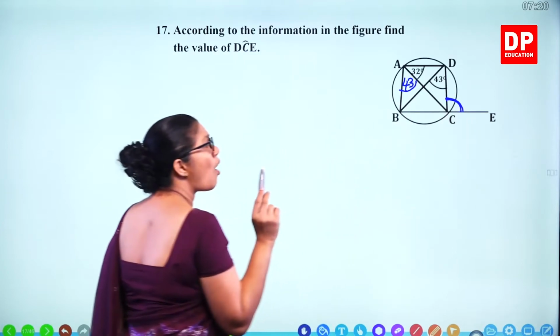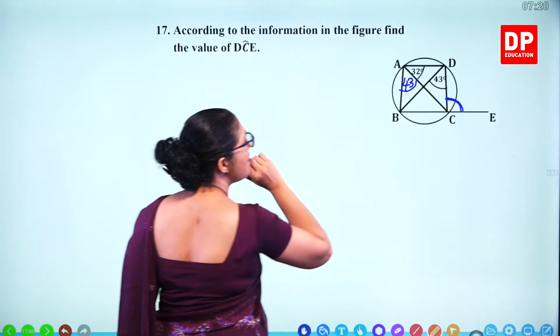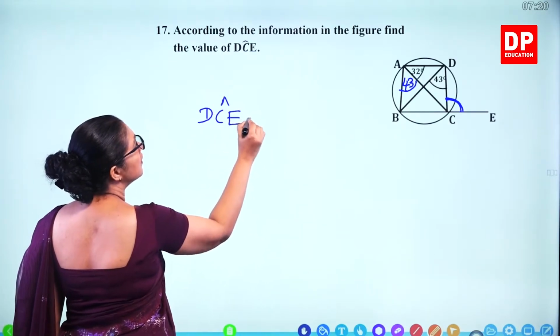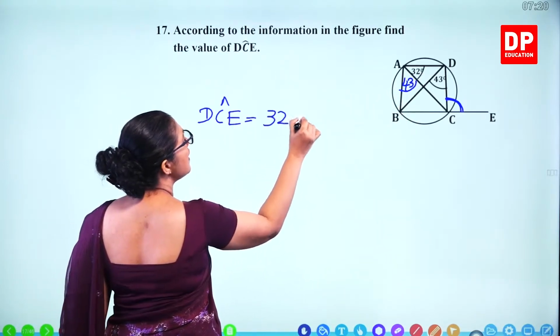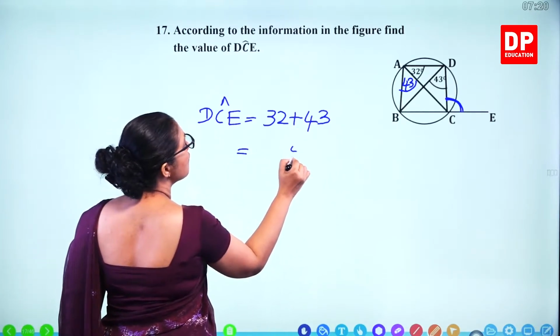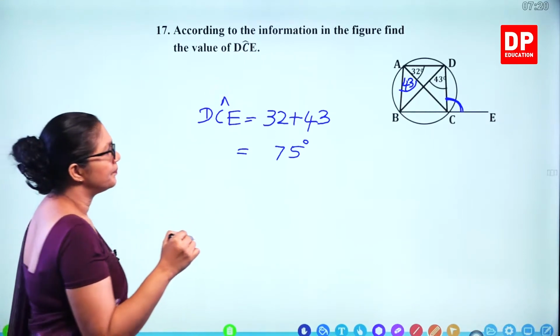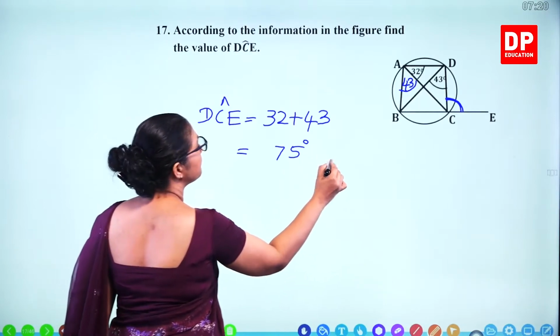The exterior angle of a cyclic quadrilateral is equal to the opposite interior angle. So DCE becomes the addition of 32 and 43. You get 75 degrees. 2 marks for that.